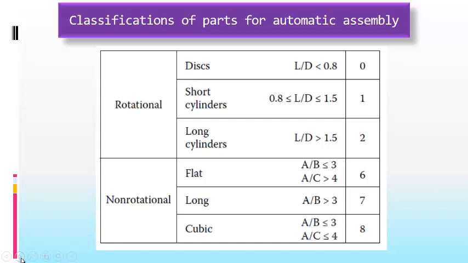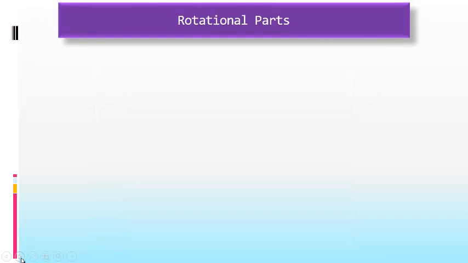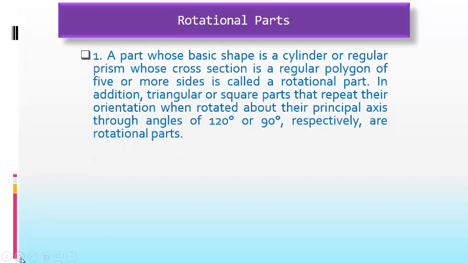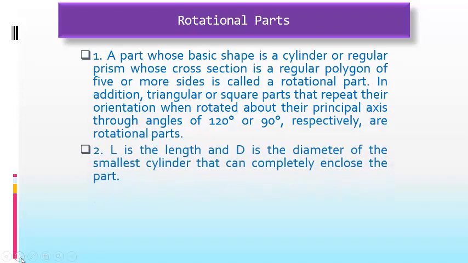He divided the rotational parts as so. A part whose basic shape is a cylinder or regular prism, whose cross-section is a regular polygon of 5 or more sides, is called a rotational part.